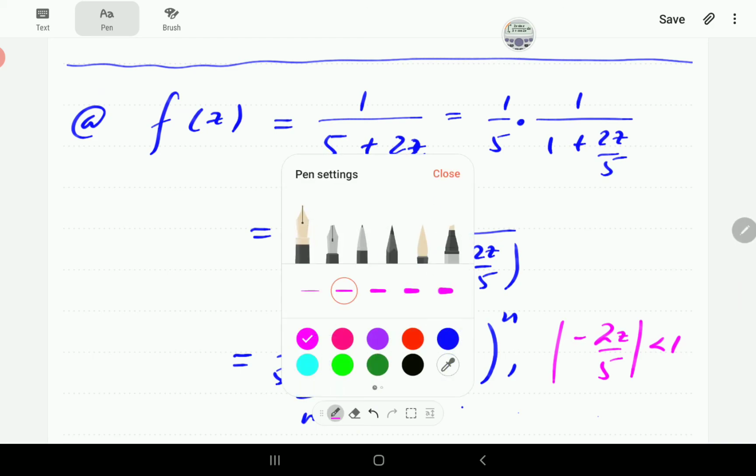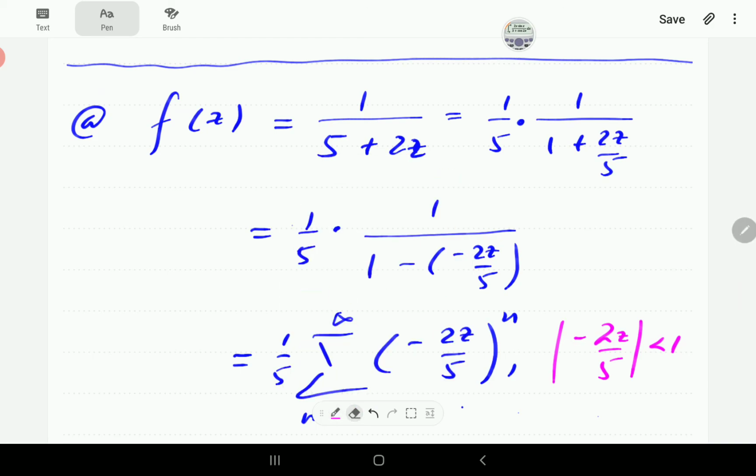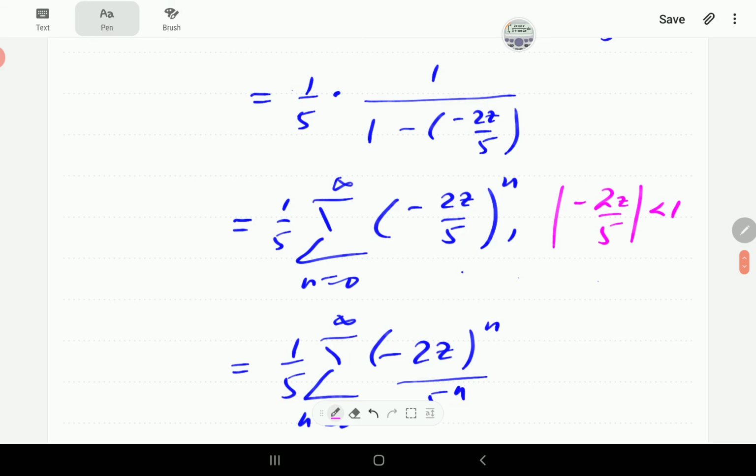So the first thing for this in powers of z, what I want to do is to express this in the form 1 over 1 minus w. So the first thing is to factor out 5 here. Then of course if we insert a minus here, then that shows us that our w is negative 2z over 5.